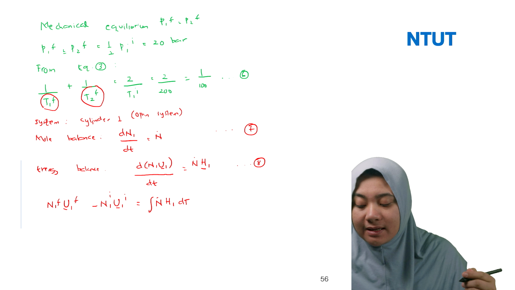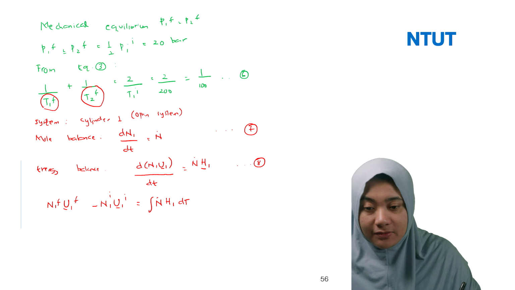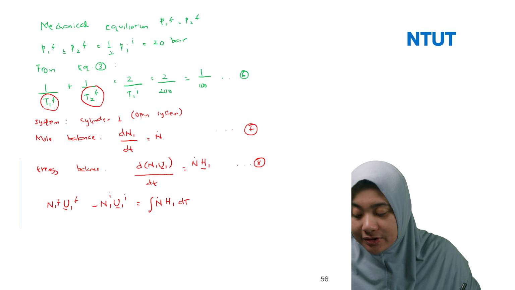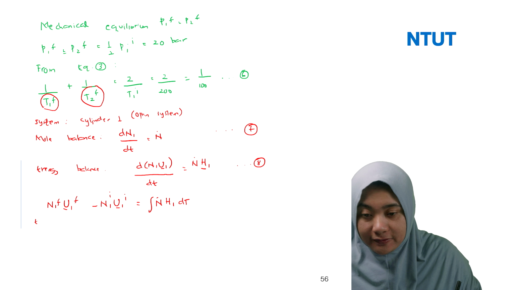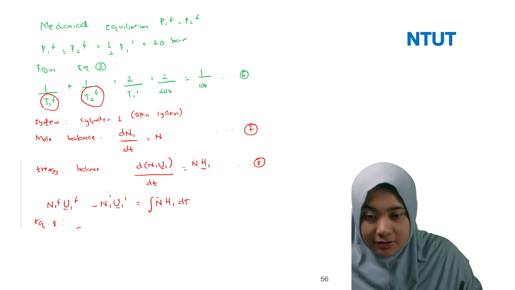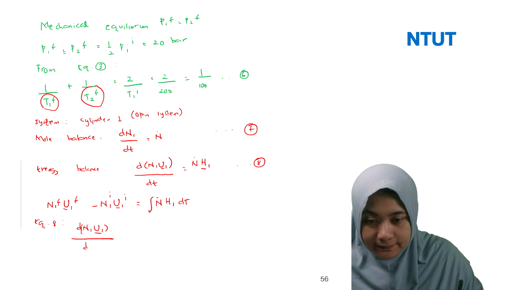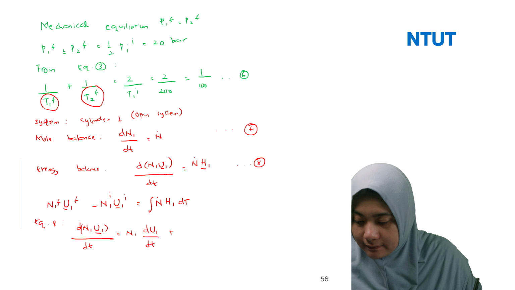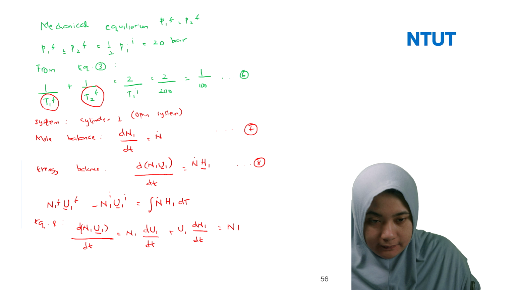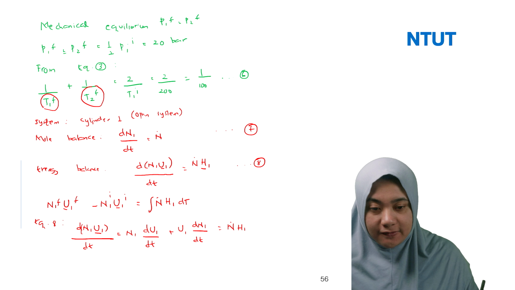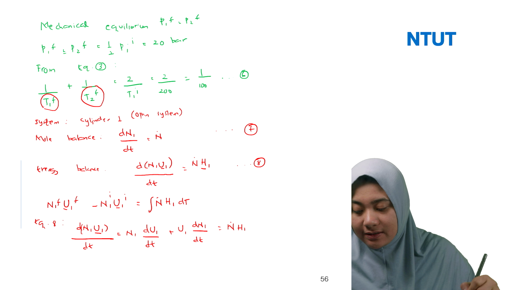We can use a simpler way. From equation 8, we can write it in differential form, which helps to solve the problem. So d(N1 U1) divided by dt, and if you write this form, it means that H1 is constant.